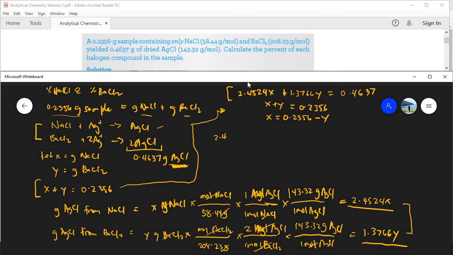So that's 2.4524 times (0.2356 minus y) plus 1.3766y is equal to 0.4637.